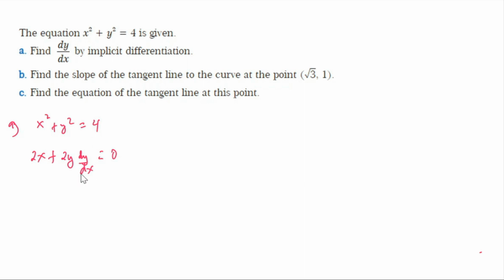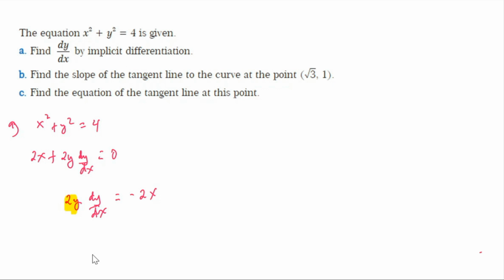Then solving now for dy over dx, I will transpose the other terms to the left hand side. So we can write 2y of dy over dx is equal to 0 minus 2x, which is just equal to negative 2x.